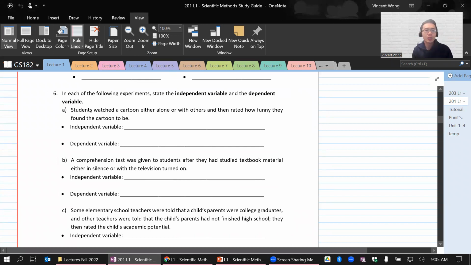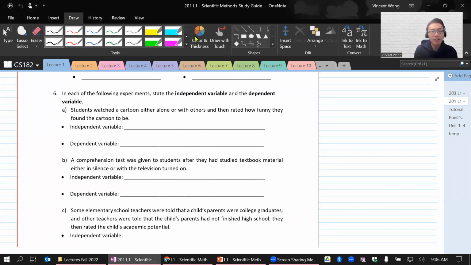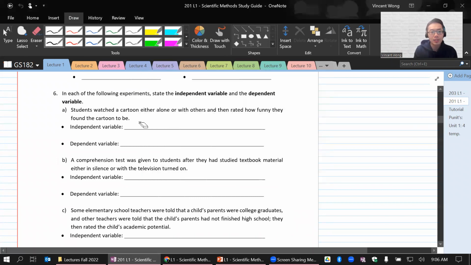First question: students watch a cartoon either alone or with others and then rate how funny they found the cartoon to be. So the independent variable in this case is whether they watch the cartoon alone or with others, right? If you got a different answer and you don't understand, you can raise your hand and I will explain it again.